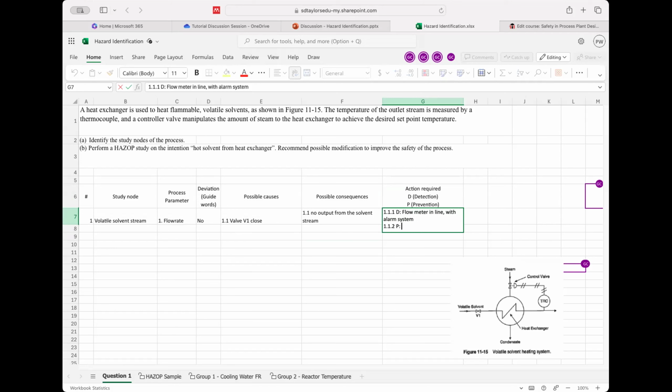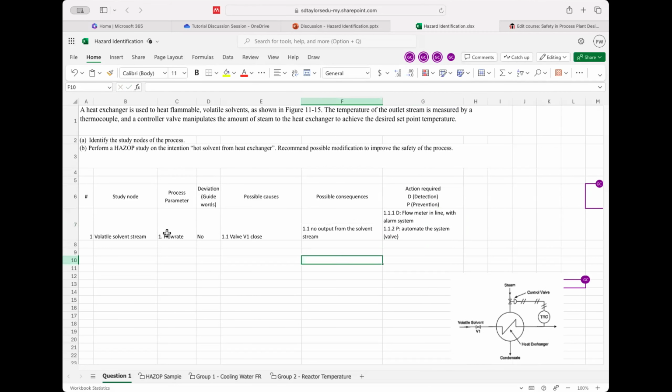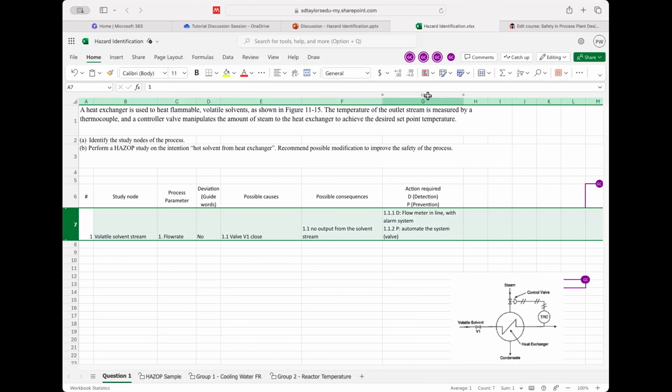I would say perhaps no for the time being, unless you want to automate the system on the WAF. So you may want to change V1 to an automated WAF. Okay, so those are the possible things that you can do.